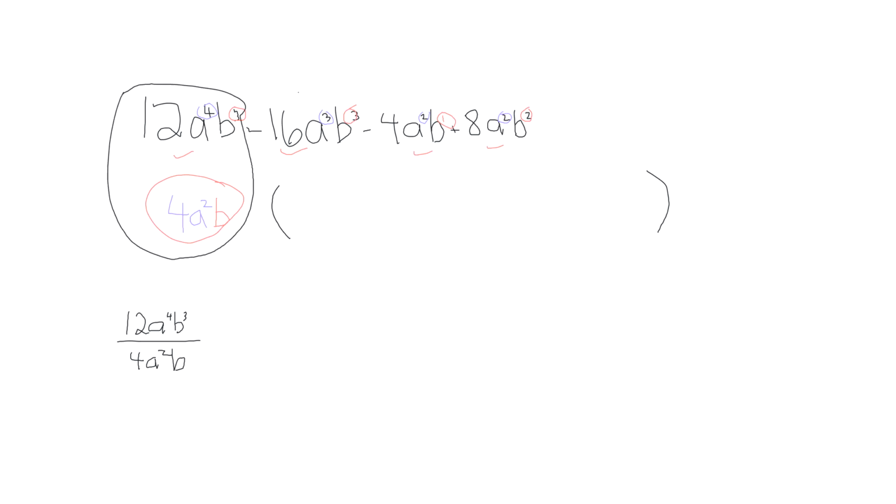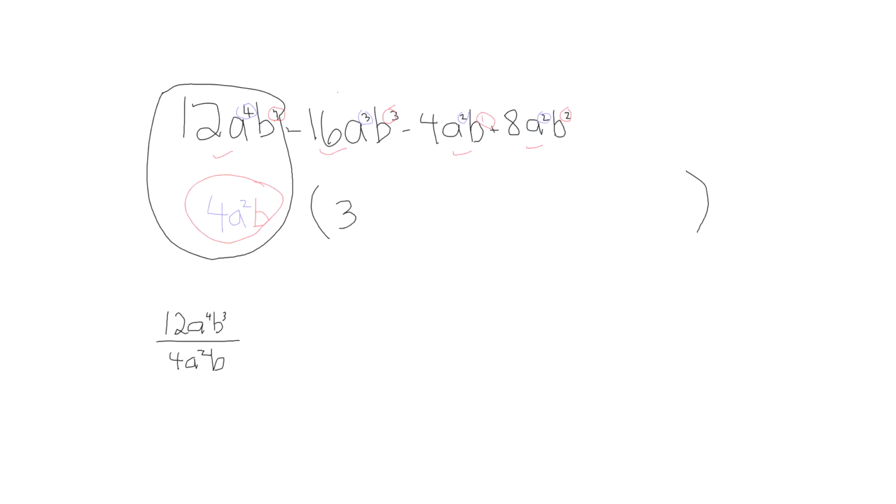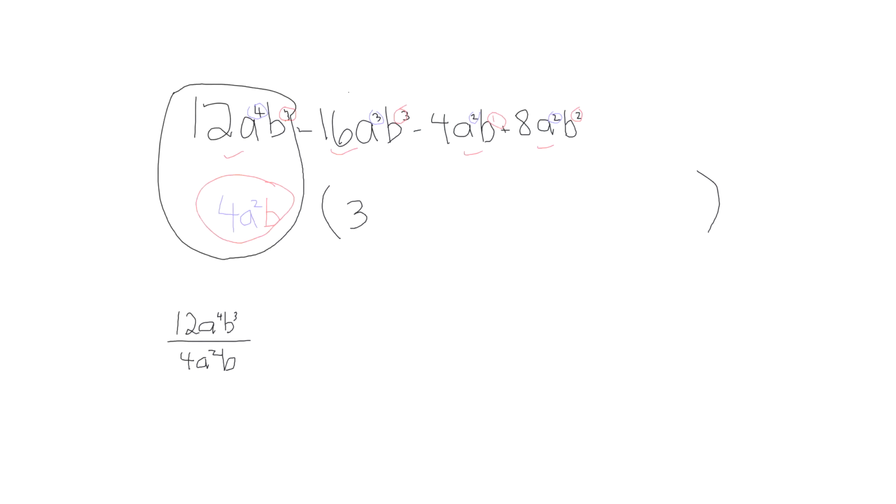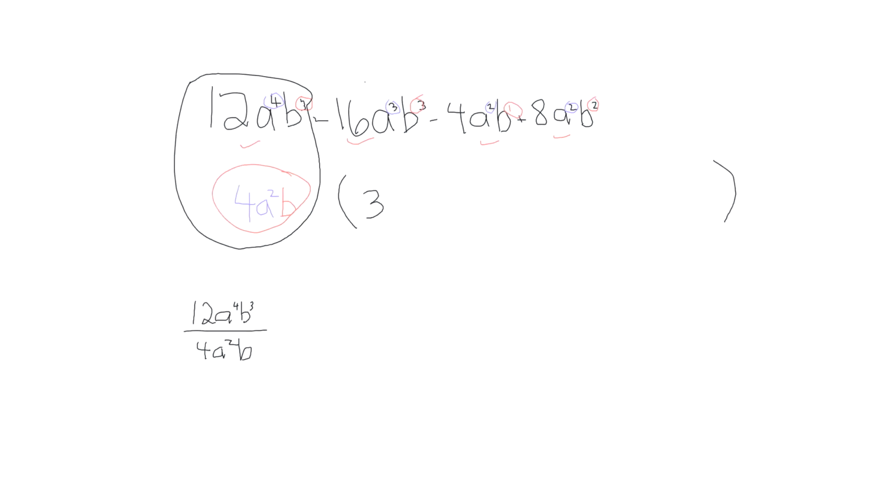So I have 3, how many A's do I have? 4 minus just 2, right? So 3A squared. And I have 2 B's left over.